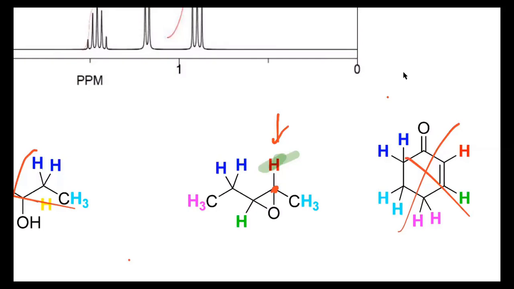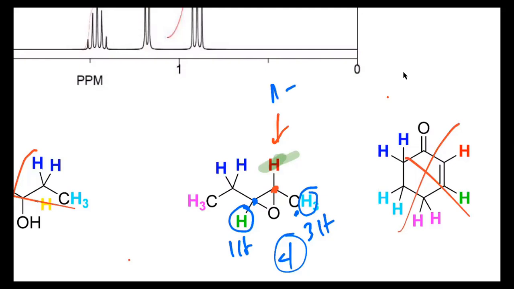It's got a neighbor here, and it's got a neighbor here. On this neighbor there's 1 hydrogen, and over here that's 3 hydrogens, for a total of 4 hydrogens. Is that right? 4 neighbors. Yes or no? If you don't see it, say something. So for this one, n equals 4, and n plus 1 would be 5.